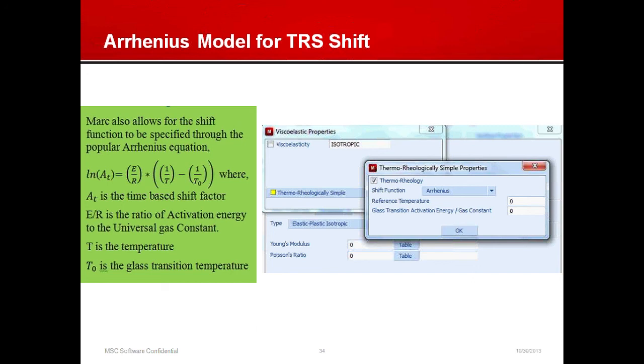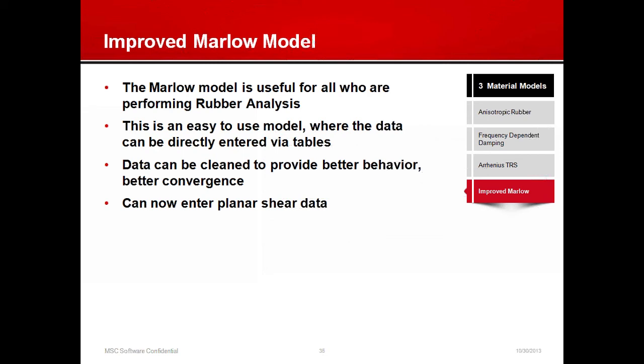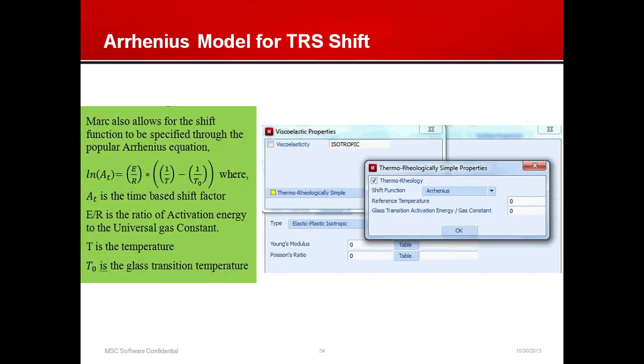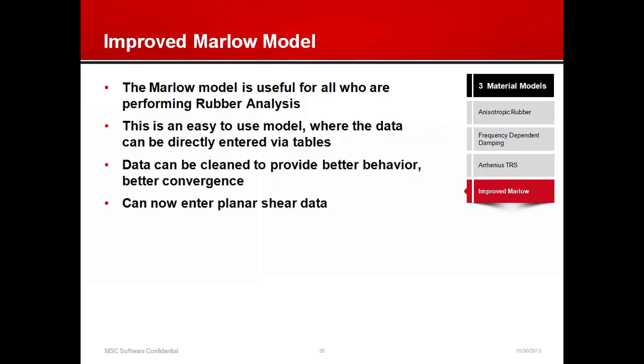Of course, this model, along with all the other models and all the new capabilities in Marc, are fully supported by the Mentat product. In 2013, we also introduced the Marlow model. The Marlow model is a simplified material model for rubber behavior.